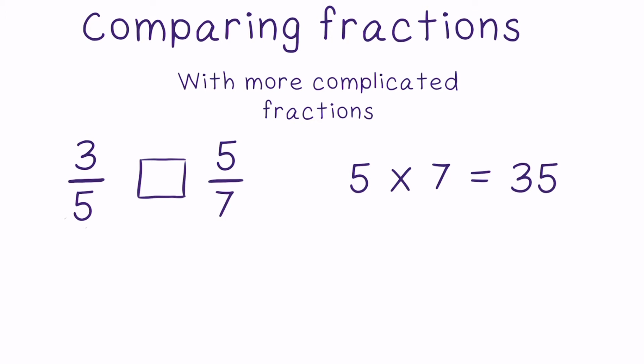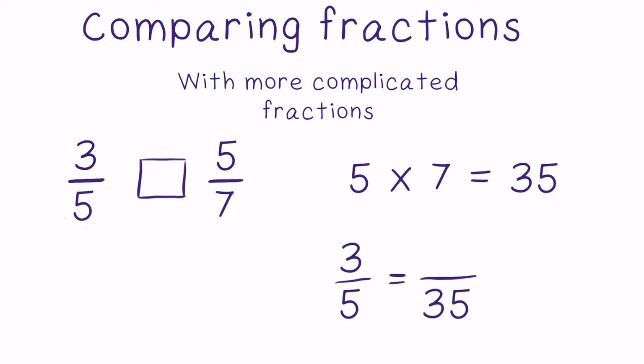In the case of different denominators like these, where they don't share a factor, you can simply multiply the two denominators by each other to find a common denominator. In this case, 5 times 7 equals 35. And if we convert both 3/5 and 5/7 into equivalent fractions that are represented using 35ths, we will be able to determine which is the greater fraction.